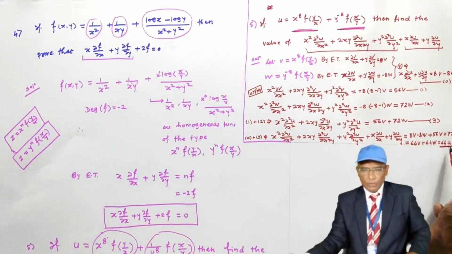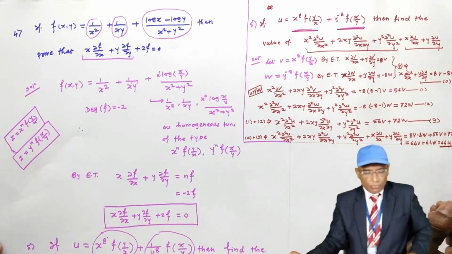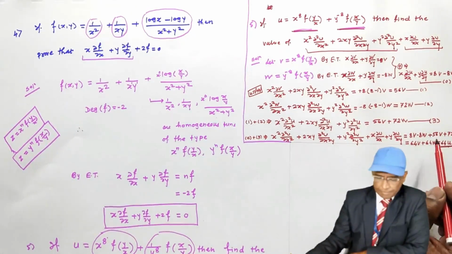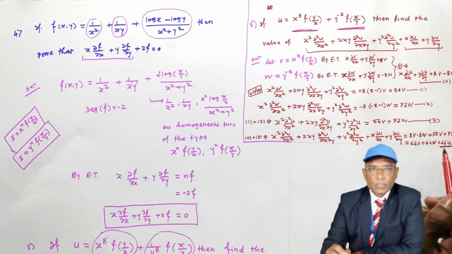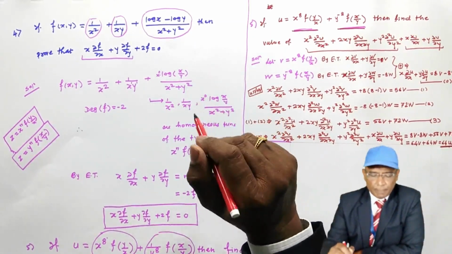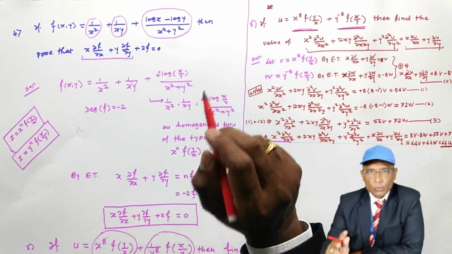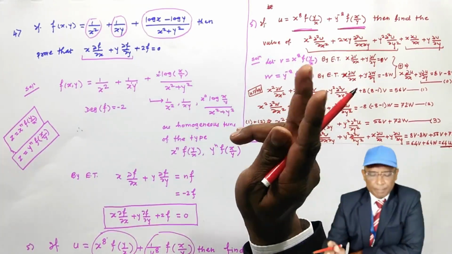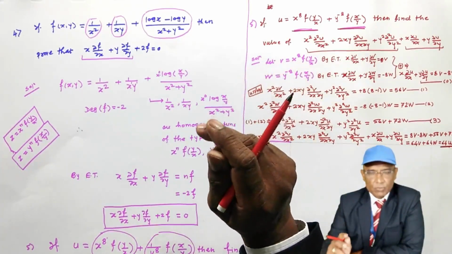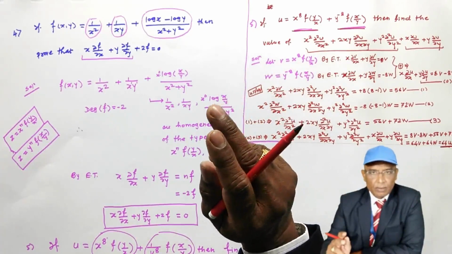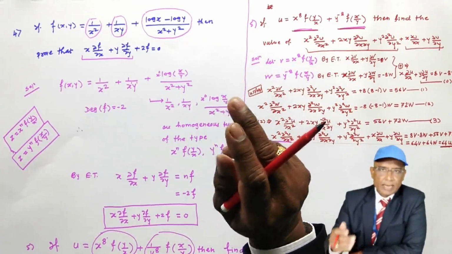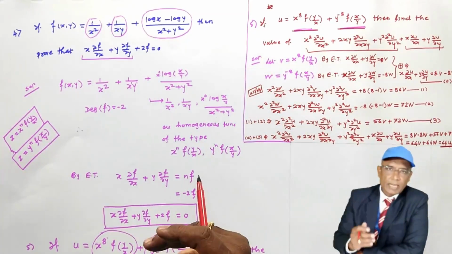Right? Now we stop here for Euler's theorem. We have done sufficient practice on Euler's theorem. In Euler's theorem, there are two sets of formulae. First one is for z, and the second set of formula is the extension, for z equal to f of u.